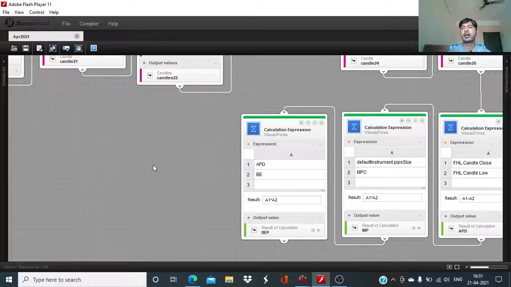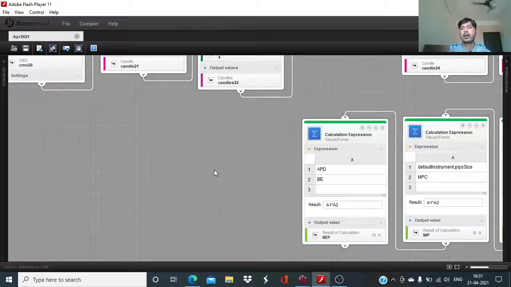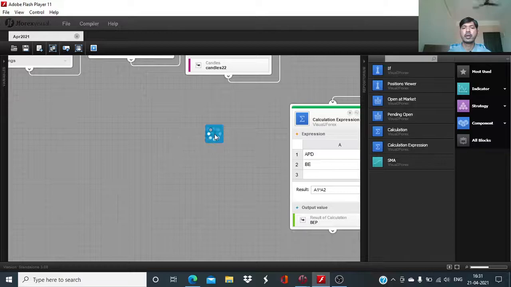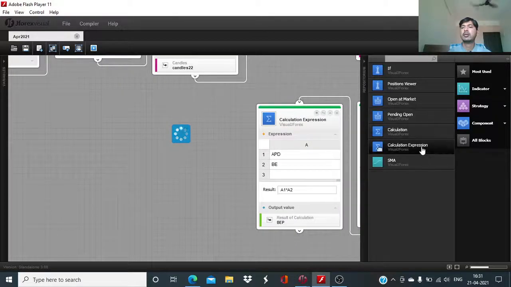Okay, and the exact entry point will be arrived at after deducting this value from last tick price. For that, one more calculation expression block will be needed. It's taking a bit too much time.